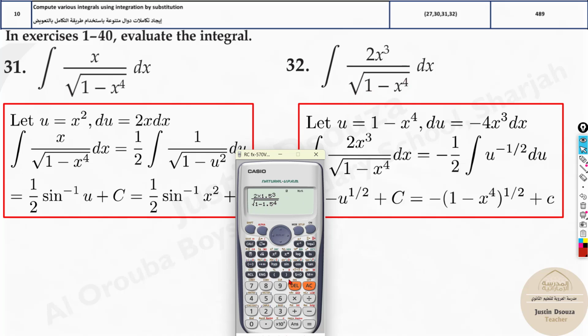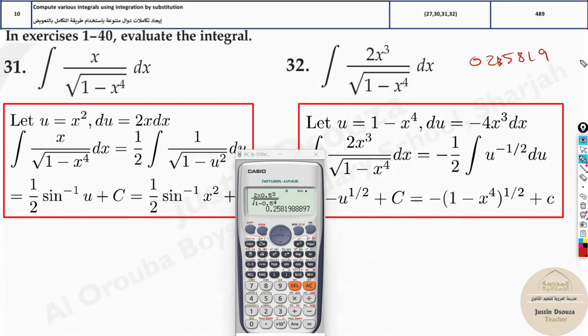If I put a minus sign over here, it doesn't matter, because it's an even power, so the negative dissolves and it becomes positive. So in such cases, for square root of 1 minus x to the power 4, I need a value less than 1. I'll change this to 0.5 and it will work now. I'm getting the answer, 0.2581.